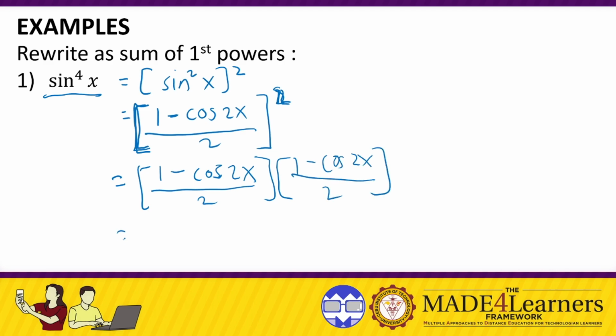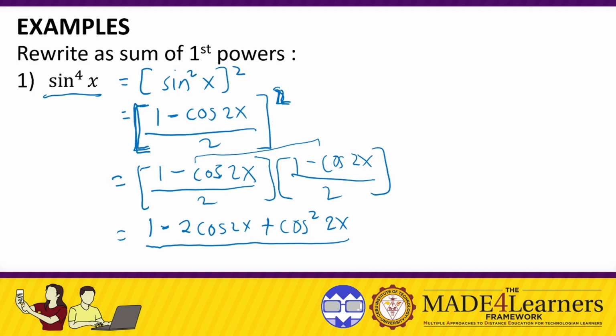Here we have a square of a binomial. So we can rewrite this as 1 minus 2 times 1, which is 2 cos 2x, plus the square of the last term, which is cos squared 2x, all over 2 times 2, which is just 4.